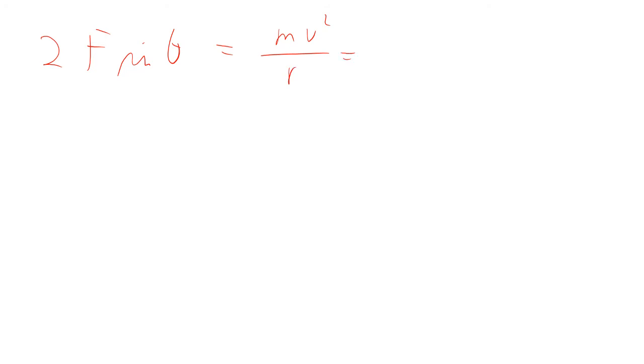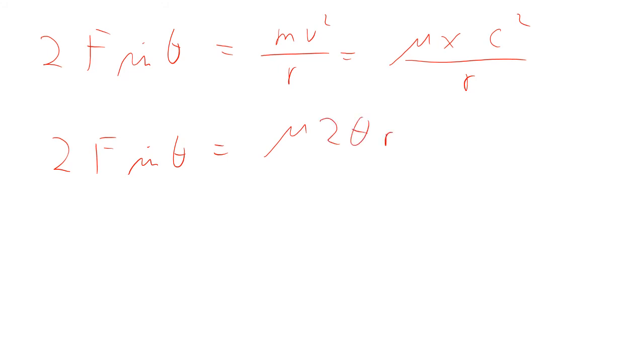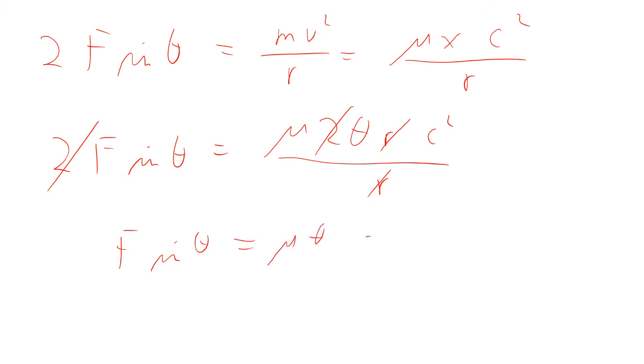We said that m is mu times x, and x is 2 theta r, so the r's cancel, the 2's cancel. So F sine theta is mu theta c squared.